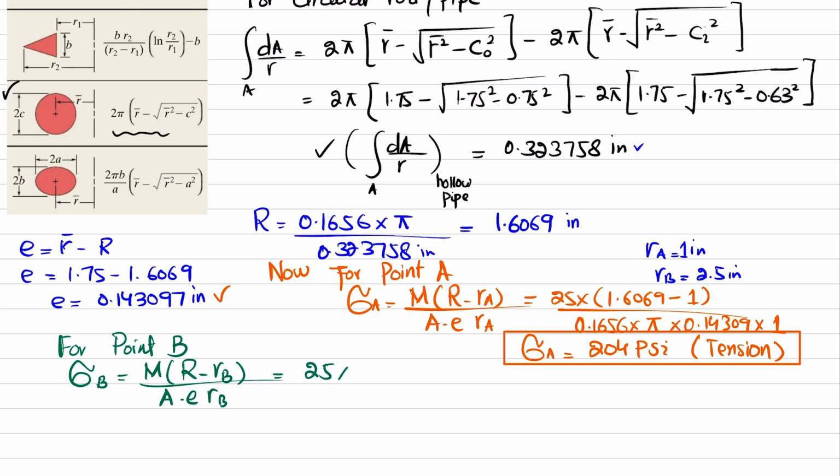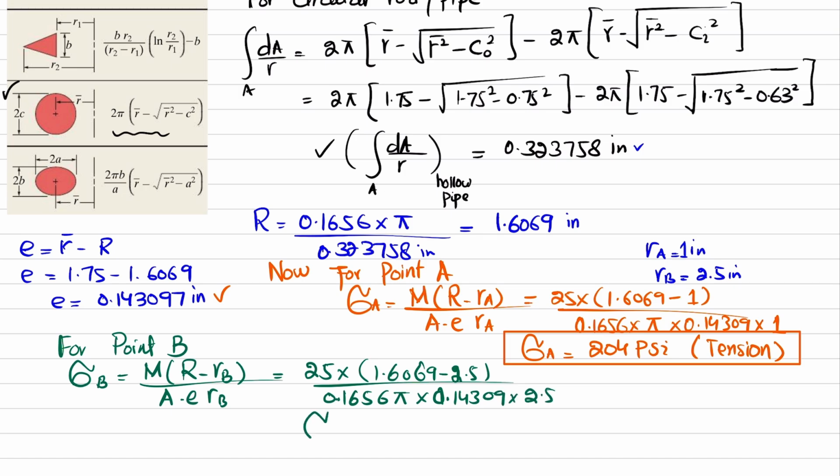Moment is 25, capital R is 1.6069 minus RB is 2.5. RB is 2.5. Divide by area, which is 0.1656 times pi, multiply by E is 0.14309 and RB is 2.5.